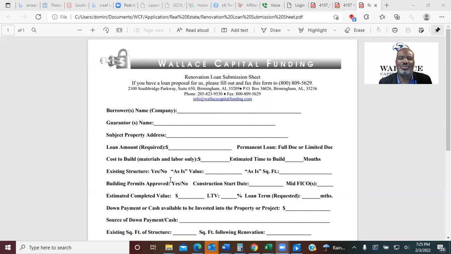Now, the question might be, is this cash that you have sitting in the bank account? This cash may be cash that you have in a savings account, or maybe it's a marketable securities account, which is like a stock account or something like that.